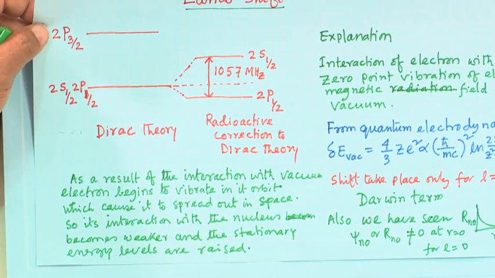So, it depends on the interaction between these two charges, one being the electron and one being the nucleus. When, in place of a point charge, the electron oscillates and vibrates, it becomes spread out, and then the interaction with the nucleus becomes weaker. When it becomes weaker, the value of the energy level increases, meaning it becomes less negative, so it goes up.